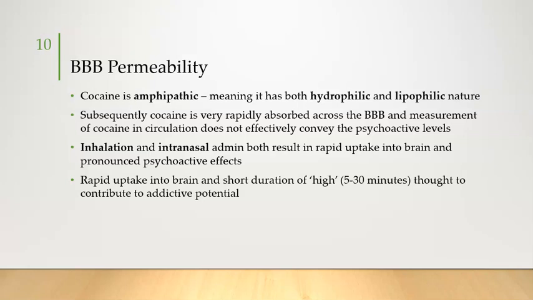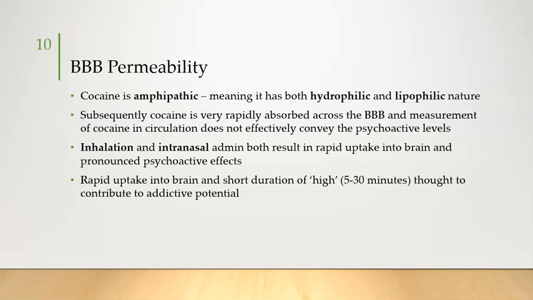So it is thought that because cocaine is able to get into the brain so quickly, and it creates this high so quickly, this is why cocaine is so addictive. Because you get a high that can last from 5 minutes to 30 minutes, but it happens right away. So very quickly you get high, but then it falls off, also very quickly.